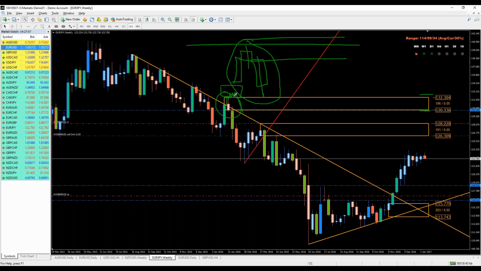If you consider this little price structure just here, when price is moving up, ideally you want to get in at an area where you can see there's a disagreement in the market, and you want to place your stop in an area that is far enough away from price and located strategically in a place where price is going to have to really struggle in order to move through it.